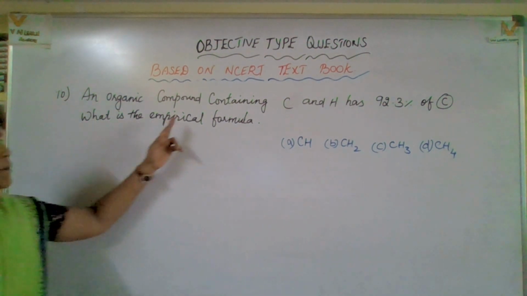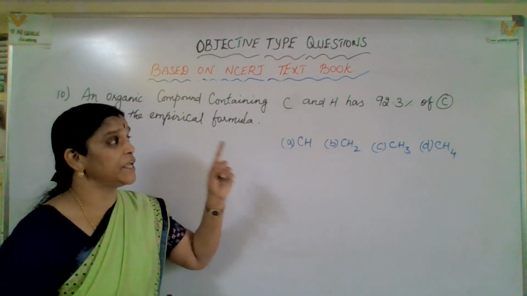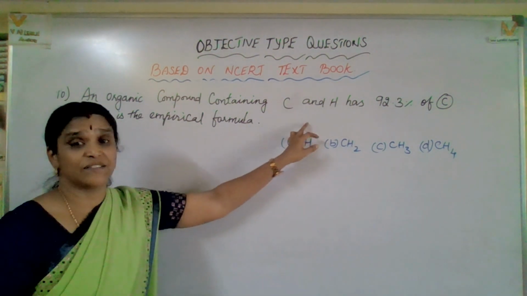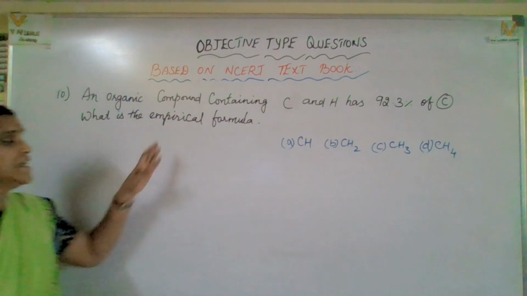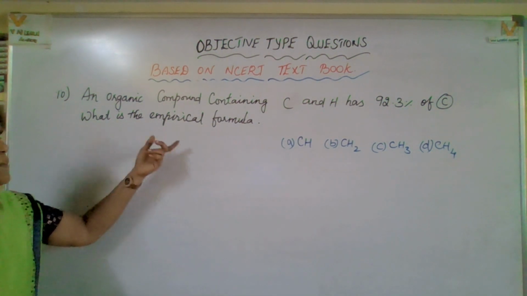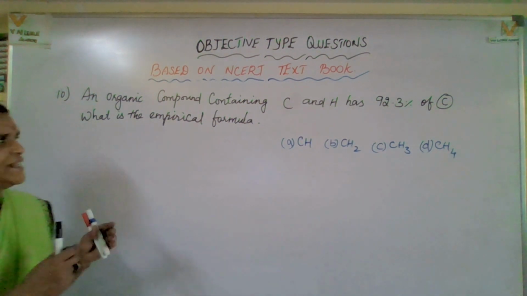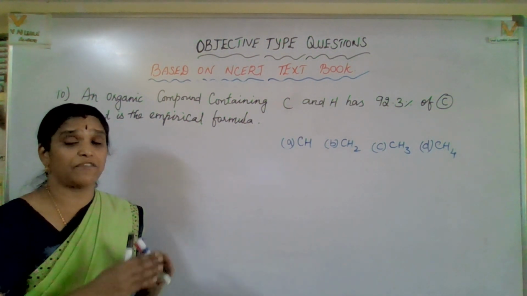An organic compound containing carbon and hydrogen has 92.3% of carbon. They did not provide the hydrogen, so we can take the remaining because they have given the percentage. Now what is the empirical formula they are asking? Simplest ratio. And see this empirical formula, how to identify it?